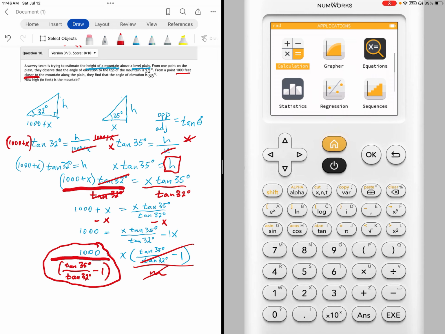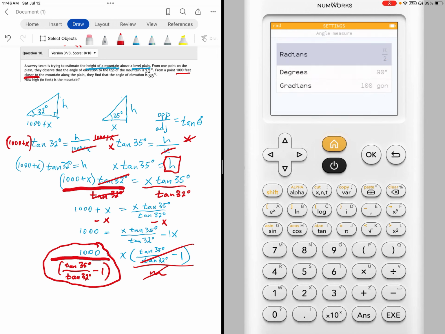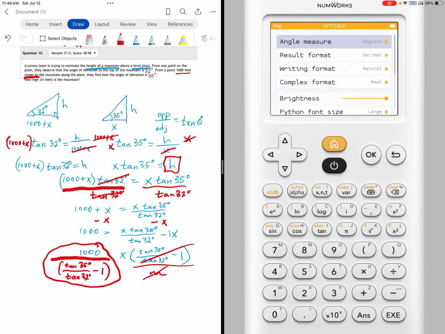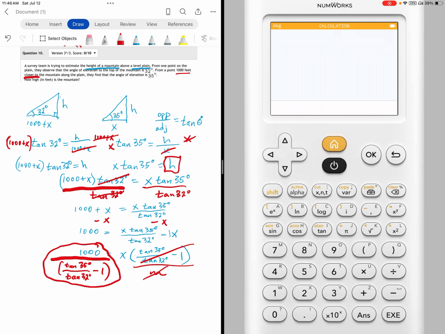That's in the upper left-hand corner here on my calculator. So I'm going to first go down to settings. Notice angle measures in radians. I can change it to degrees. And notice in the upper left corner it now says degrees. My menu, go back to calculations. And I'm going to enter this statement just as it is.